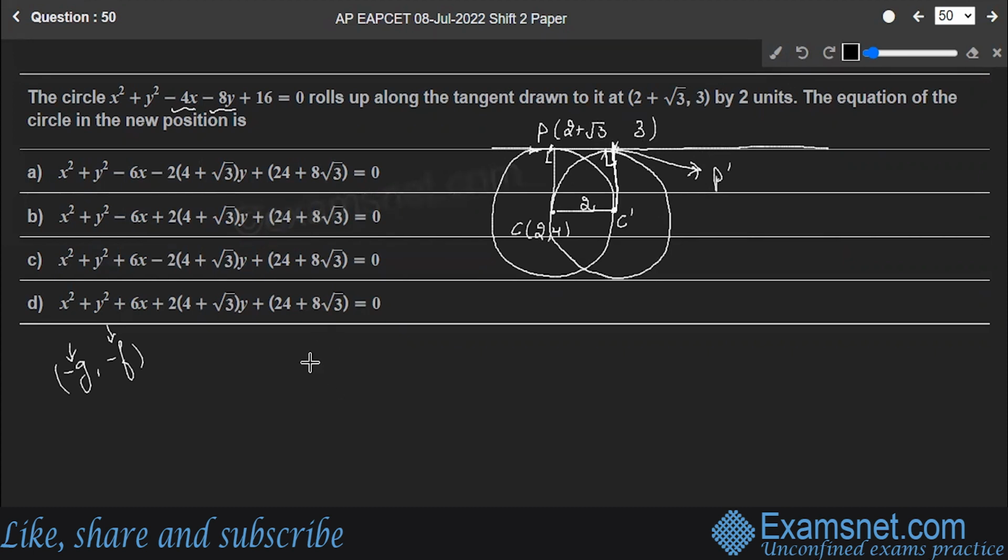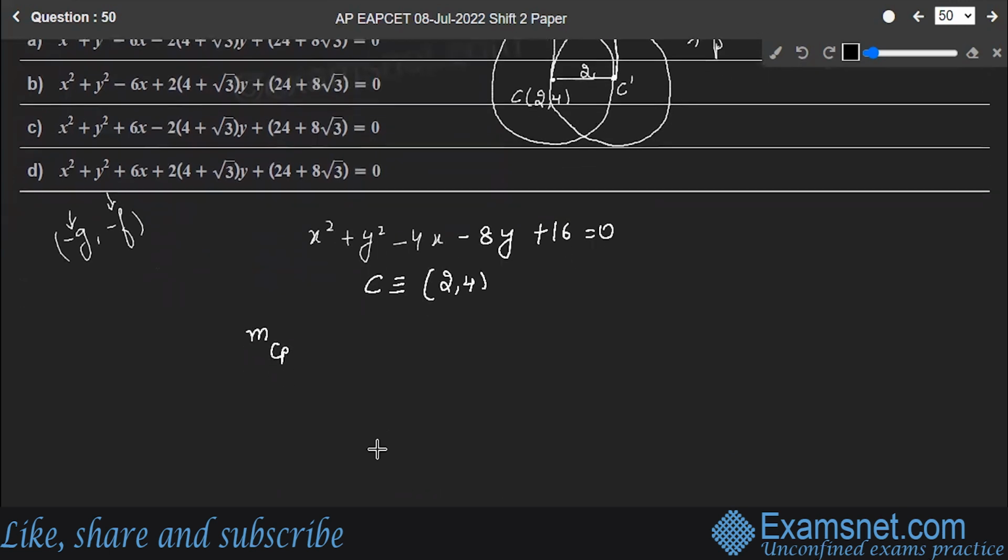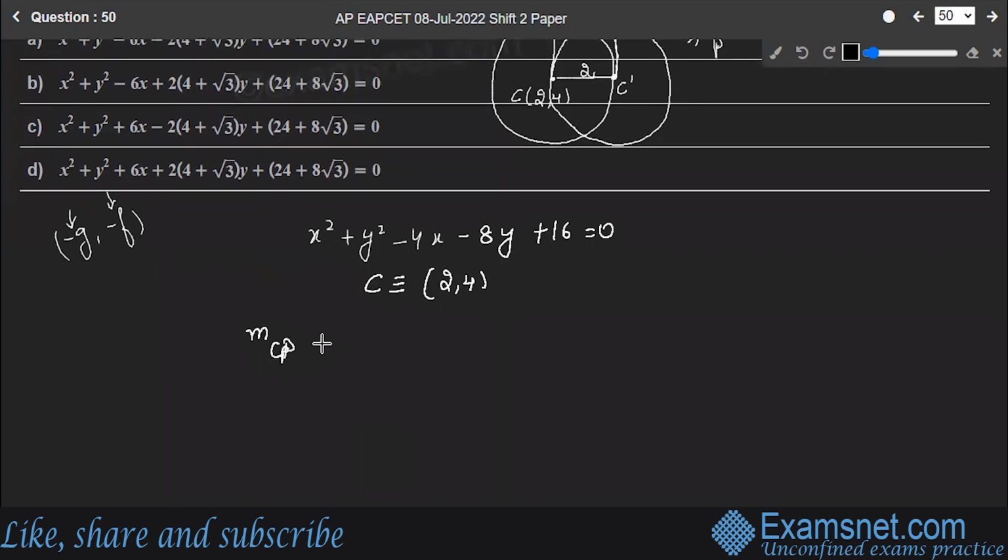Now the given equation of the circle is x square plus y square minus 4x minus 8y plus 16 is equal to 0. So here the center C is (2, 4) for the circle. Let's find out the slope of CP.